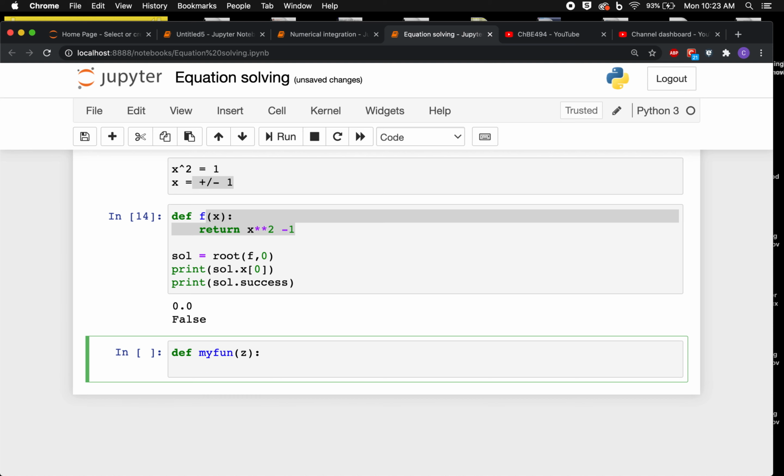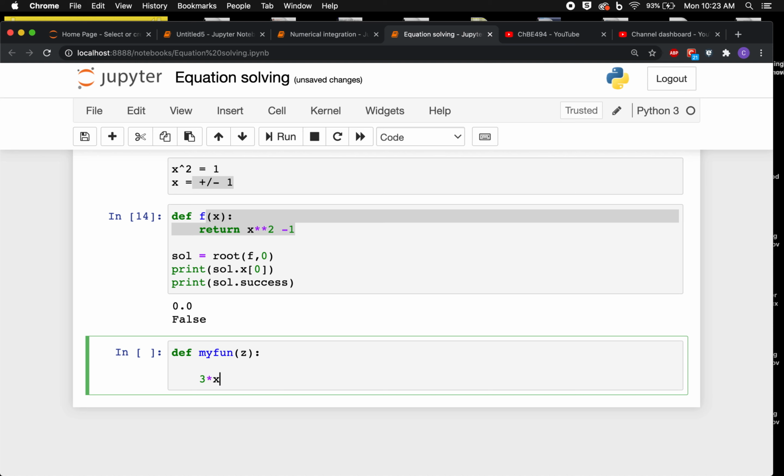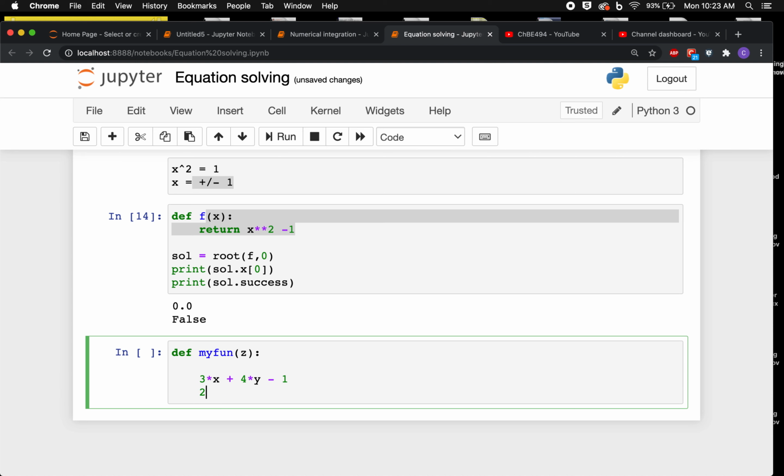And so maybe let's solve the function 3 times x plus 4 times y is equal to 1, and maybe 2 times x plus 6 times y is 2. Yeah, that should work. Minus 2 is equal to 0. And so I'm going to say this is equation 1, and then this is equation 2.